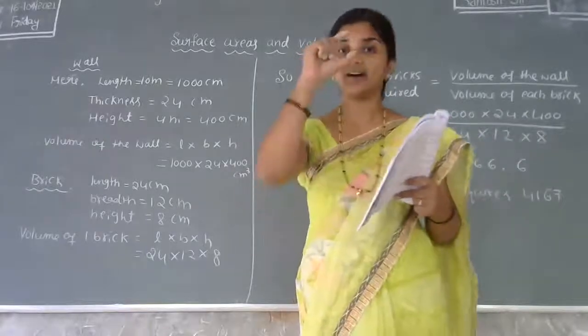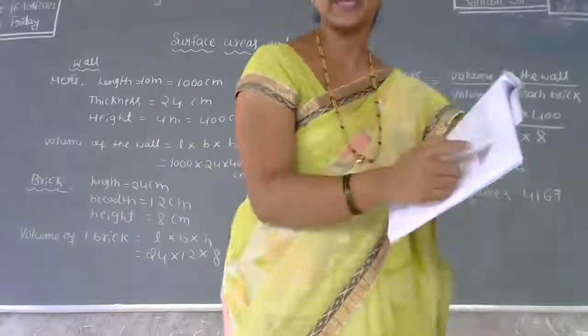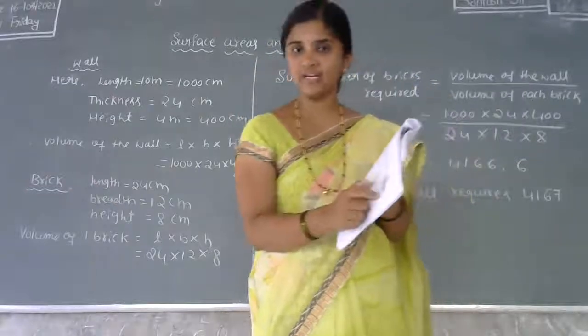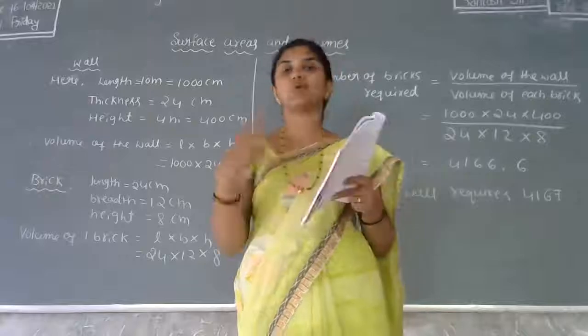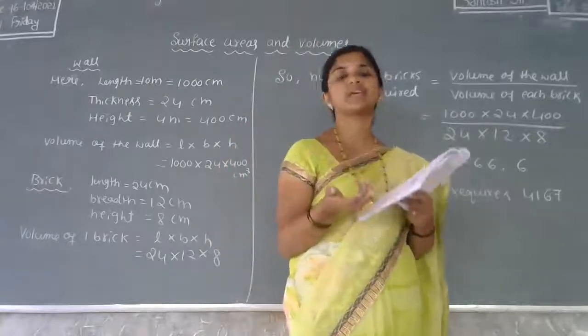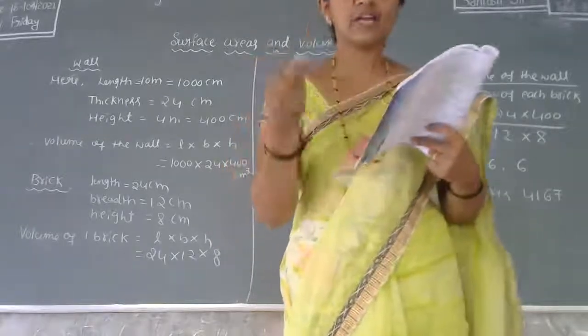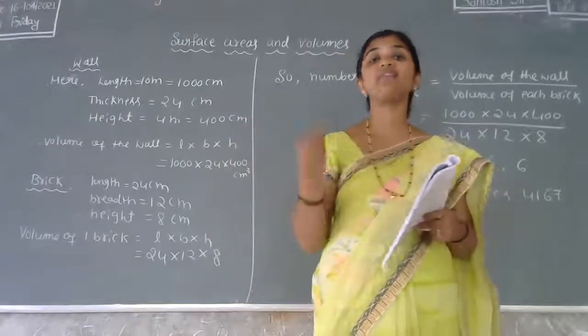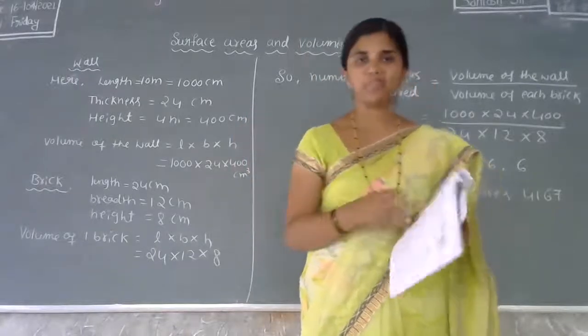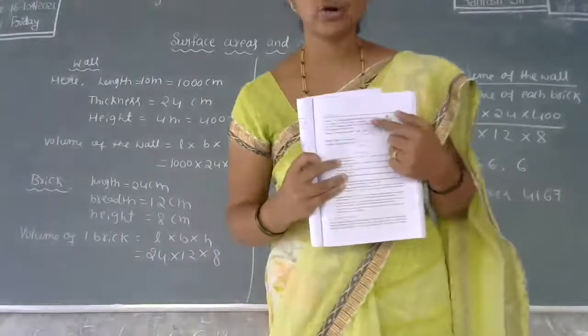In this structure we have a total of 15 cubes, so the volume of 15 cubes is 15 into 27. The answer is 405 centimeter cube. The solution is in your textbook.